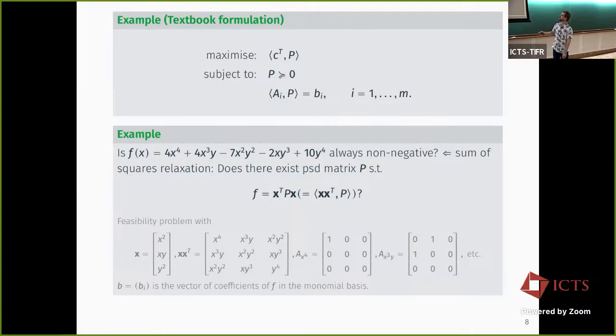So for example, if I look at xx^T dot P, and I look at xx^T, this gives me all possible monomials, or products of two monomials. And then what I want to say is that the coefficient at x to the 4th of f is equal to 4. So this matrix is going to select this one entry from my P, which is 3 by 3. And I'm going to say the first entry of this matrix must be equal to 4. So that's precisely it. It's very concrete, very simple, very easy.